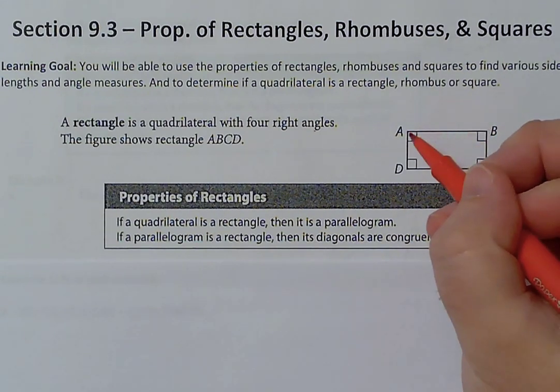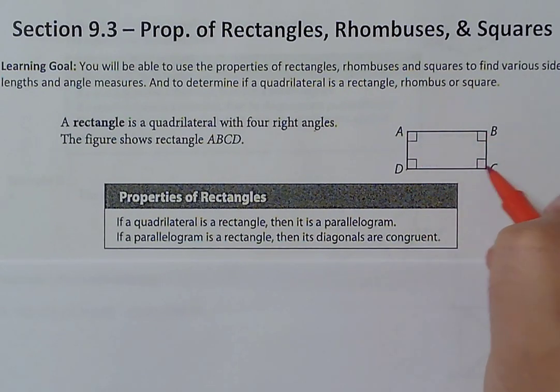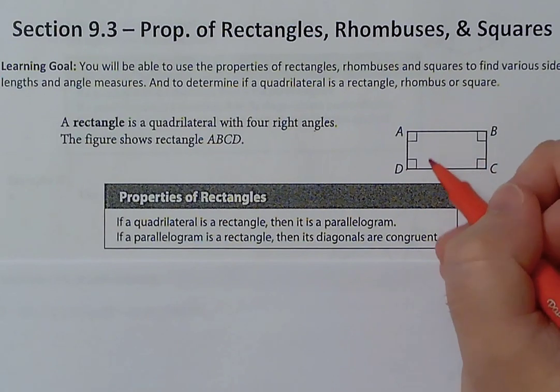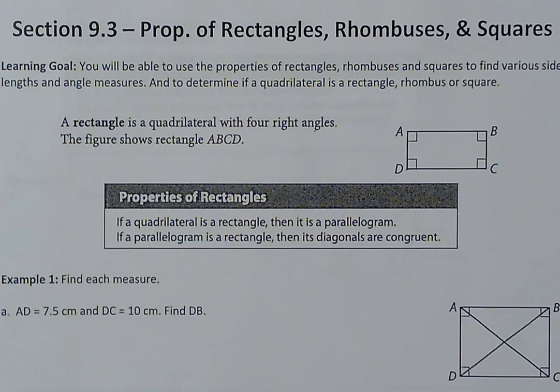So if I drew a diagonal from A to C or D to B, these would be the same length, which meant if they bisect each other, all those little segments inside that we saw from 9.1 and 9.2 would be congruent to each other as well. So the main thing we've added is that the diagonals are congruent.